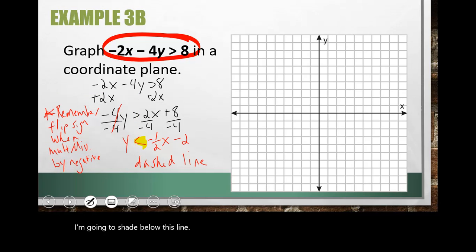So let's go ahead and graph this. Y-intercept is at -2. Slope is -1/2. So I can go up and to the left.